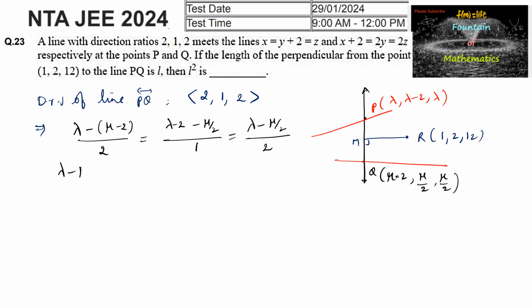So that is lambda minus mu plus 2 upon 2 is equal to, here we can write 2 lambda minus 4 minus mu upon 2 is equal to 2 lambda minus mu upon 4.